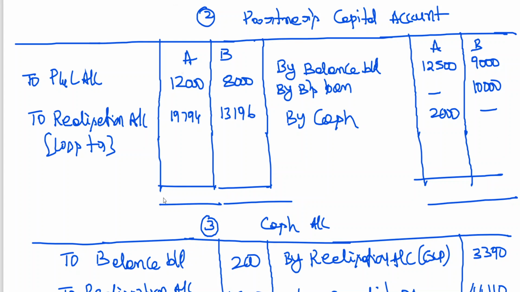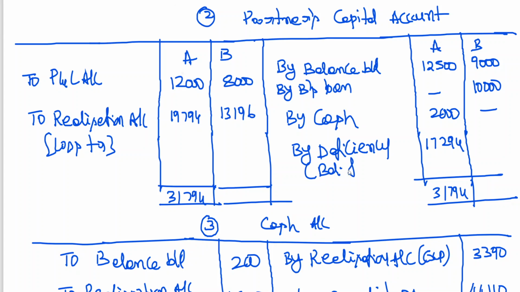So 12,000 plus 19,794 is equal to 31,794. 31,794 minus 12,500 minus 2,000 is coming to 17,294. So here I am writing by deficiency.